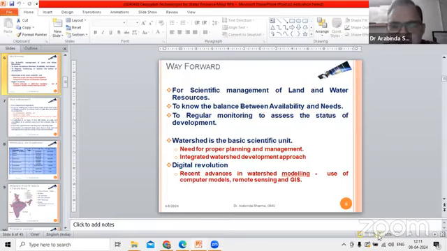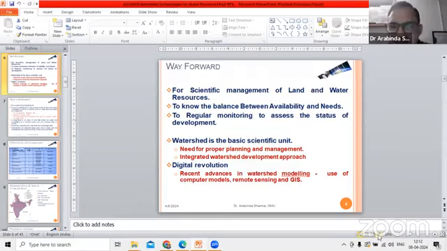We have a lot of data available in digital format, which provides an opportunity to study the hydrological cycle at the watershed level, in a better way, because a watershed is a huge piece of land, and getting the characteristics of that land in terms of its soil, topography, land use and so on is a very difficult task. It cannot be done in a conventional way so easily and so accurately.